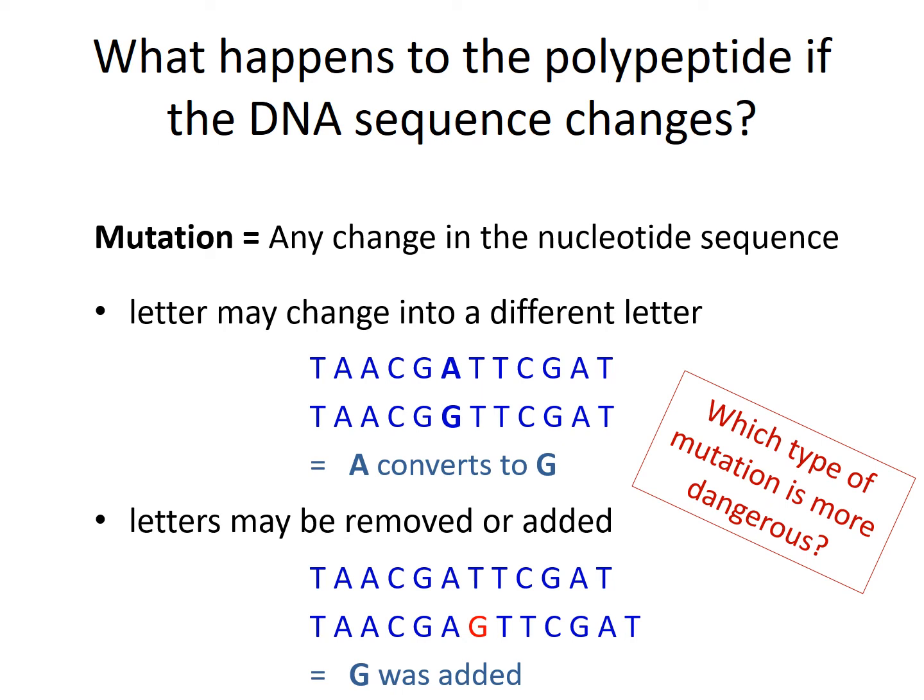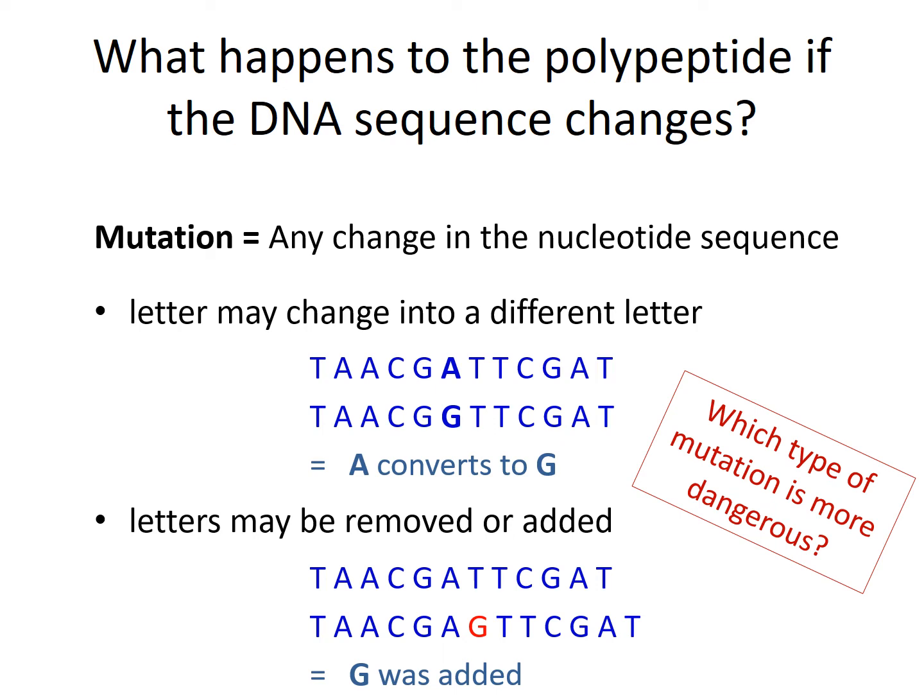Well, mutations are more dangerous if they alter more amino acids in the polypeptide that's going to be eventually built from these DNA instructions. So converting an A to a G may or may not cause a change in the resulting polypeptide, but you better believe if you add a G, you've now shifted all of those letters by one space, and that messes up every triplet, every codon that is encoded from this DNA molecule.